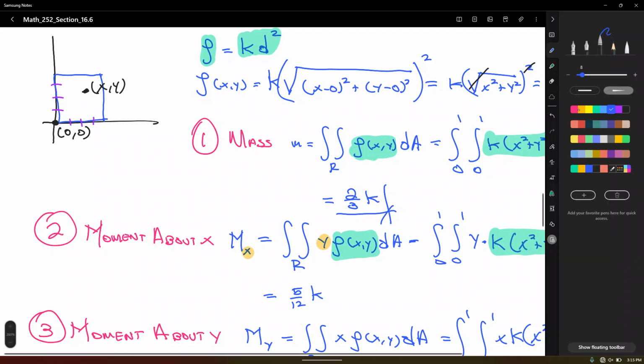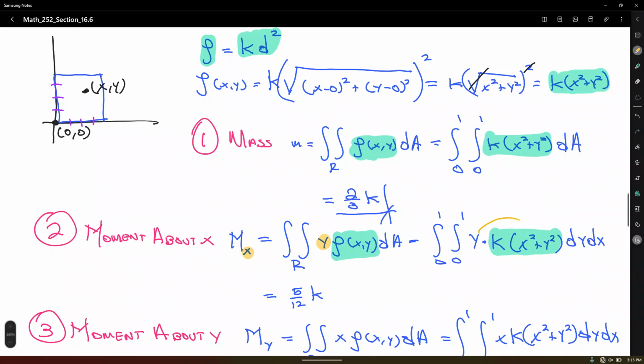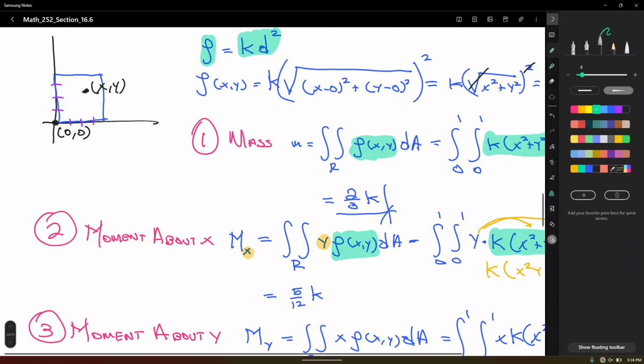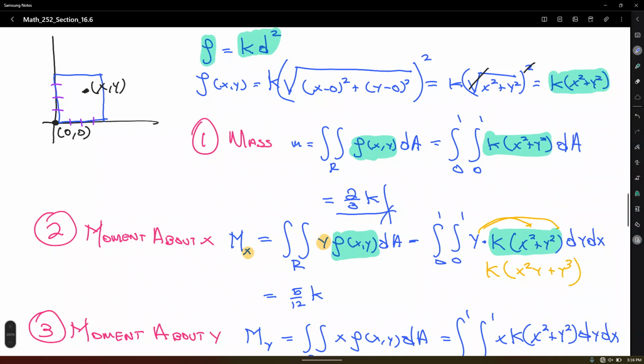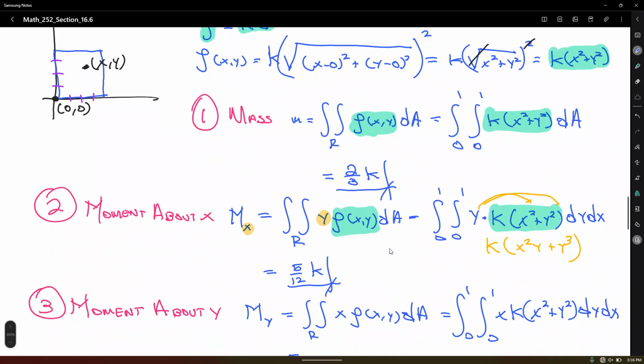So here, if we distribute the y to these two terms, we will be integrating k times x squared y plus y cubed. All right, and I'm going to skip the integration steps and just give you the result, which will be 5/12 k.